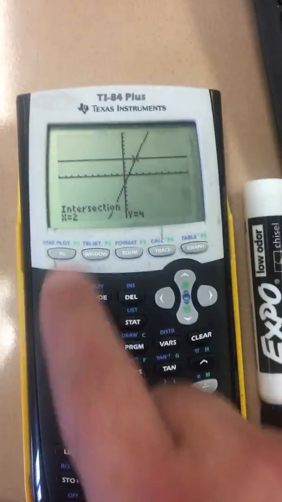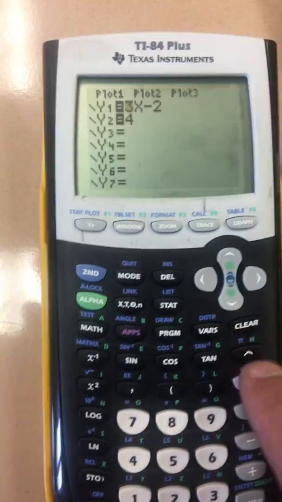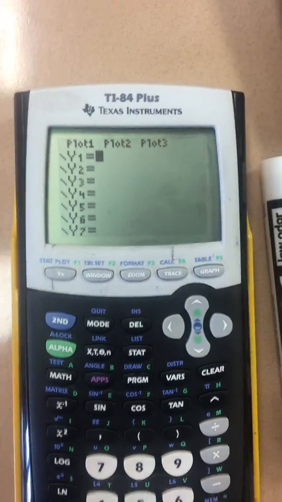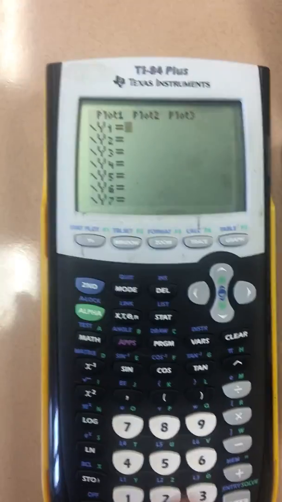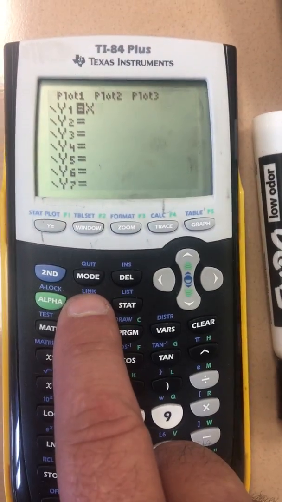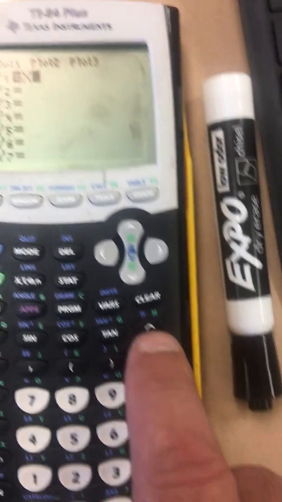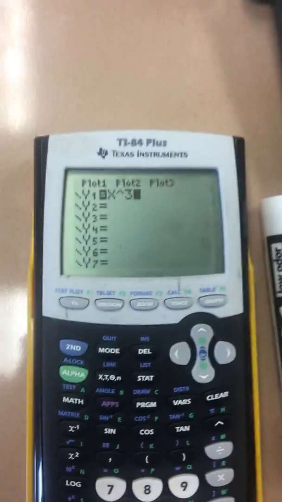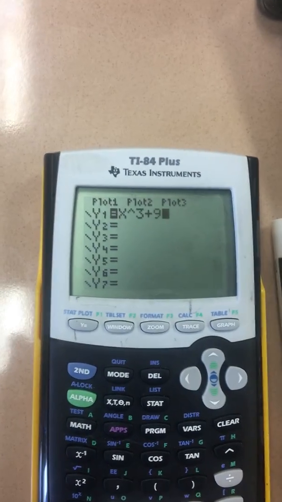So I'm going to walk over here and do this now. I'm going to go to my y equals, and whatever you have in there, just clear out. Okay, and y1, x cubed. Now, if you need to make something cubed, you want to use this caret key right below the clear. That'll make it x cubed, and then that's plus 9.